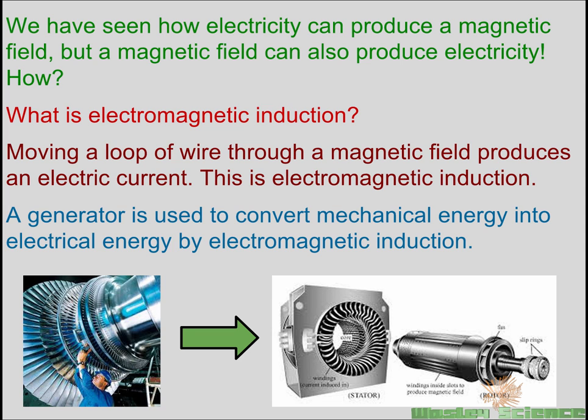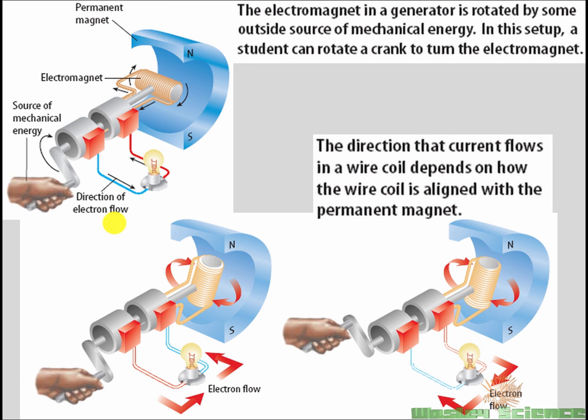So let's take a closer look at it. In this example here, instead of a battery, you have a person rotating the electromagnet. Think of these two red spots here as the brushes in our last example.